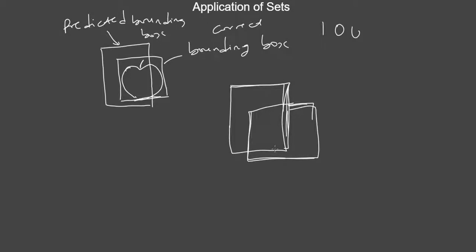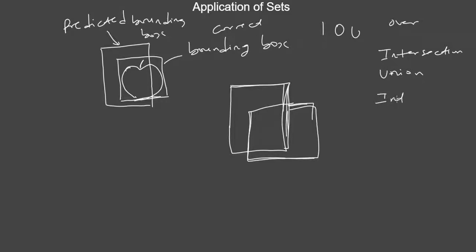Now, this IOU says you should look for the intersection of these two bounding boxes, which is the I. The I stands for the intersection, and the U stands for the union. Then this O, which is the over, is like divided by.